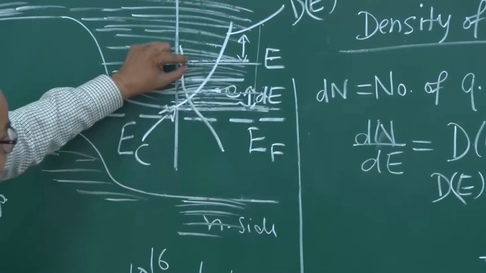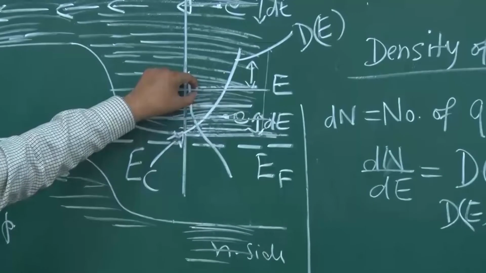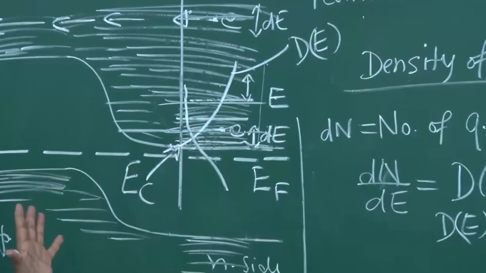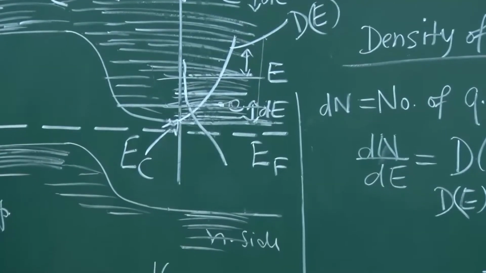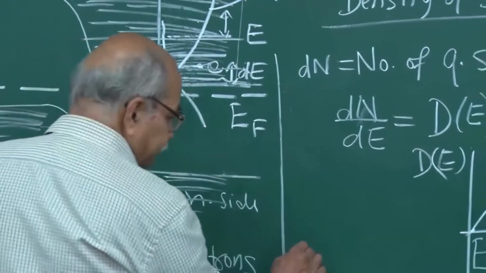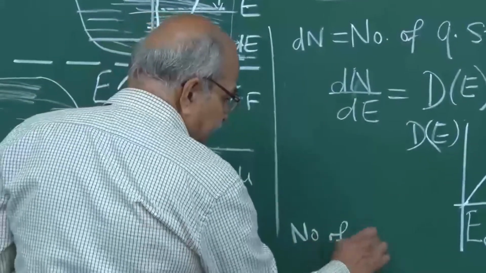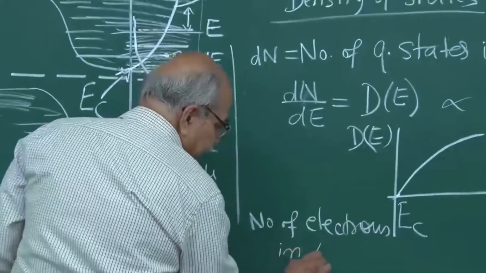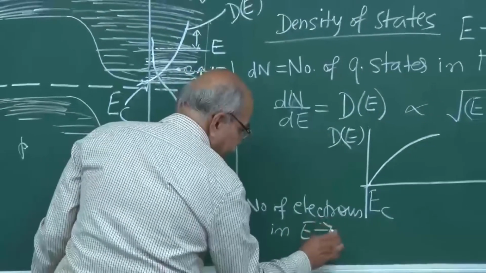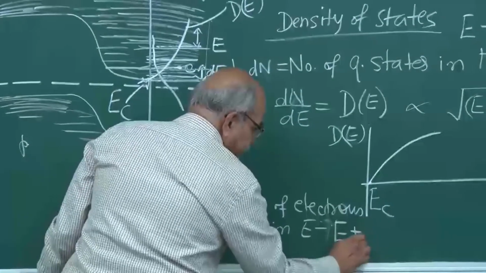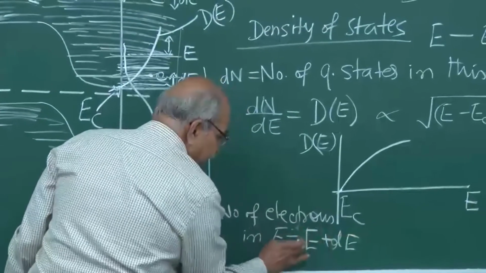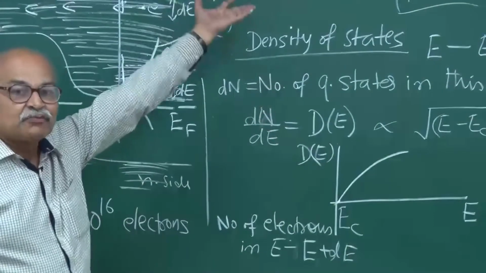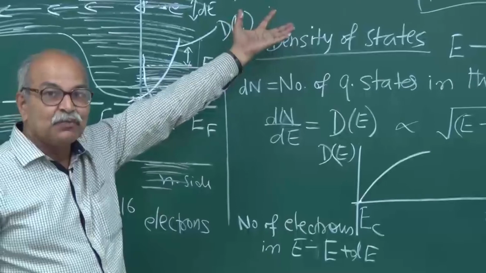But how many quantum states are here? There are more quantum states here and fewer quantum states here. So if you want the number of electrons in E to E plus dE, you have to take care of both things, the density of states as well as the probability of those quantum states being occupied.